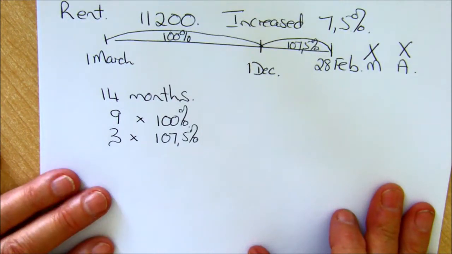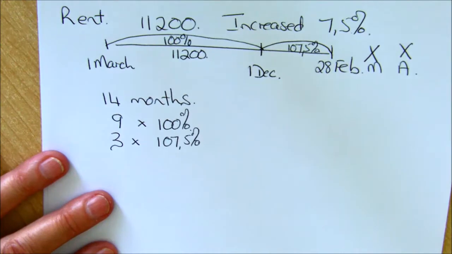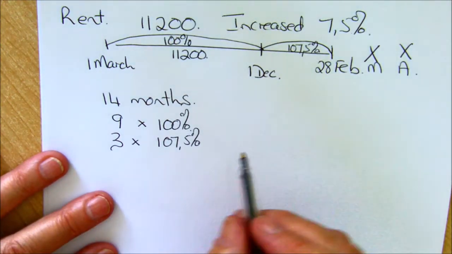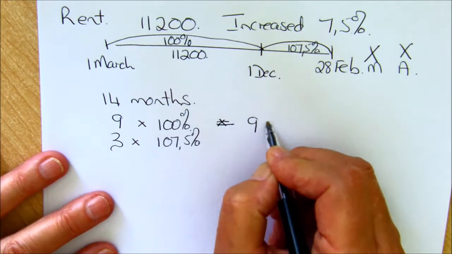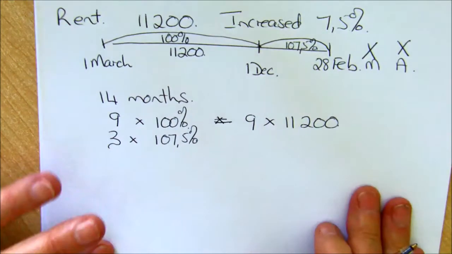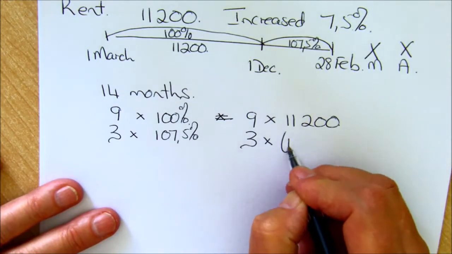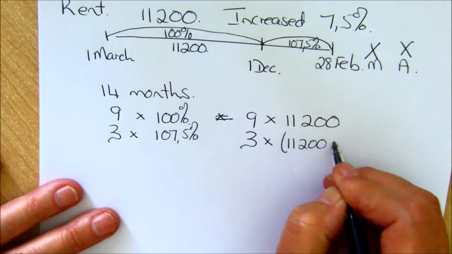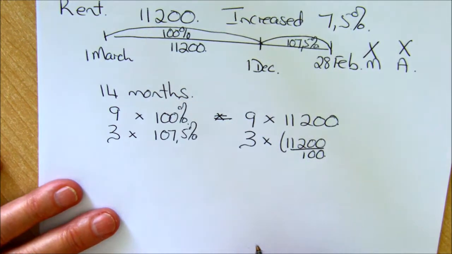Now we do know that the original rent was 11,200. So we're going to have 9 months times 11,200, and then 3 months times 11,200, which is equal to 100%, because remember that was the original.